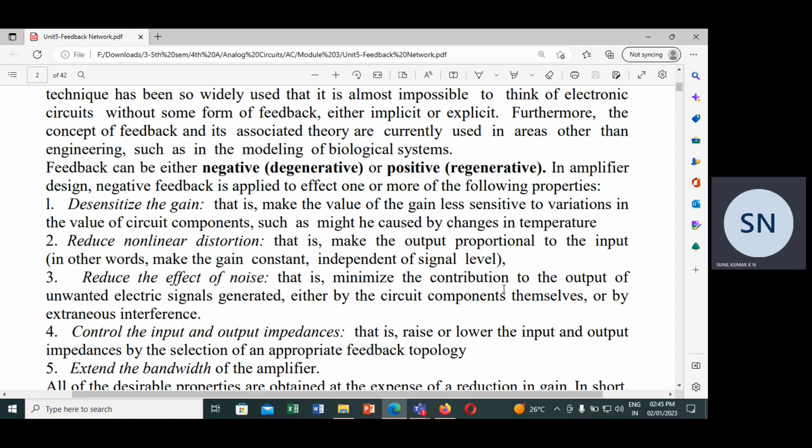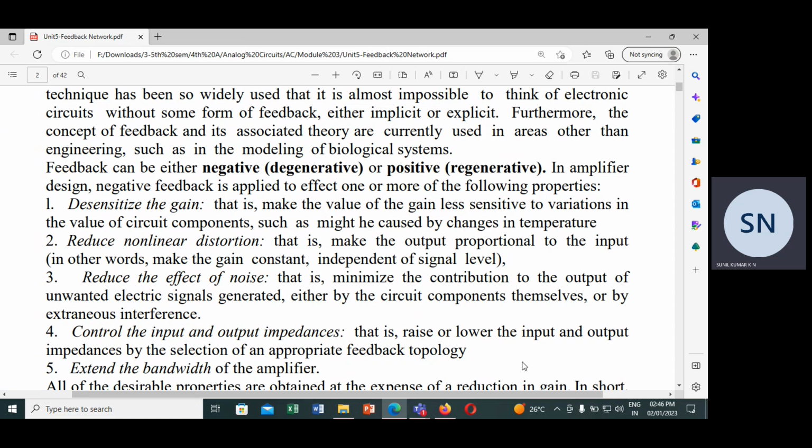So it minimizes the contribution to the output of unwanted electrical signals. Any signal which we don't want, we call noise. We have seen low pass filters and high pass filters. After the cutoff frequency in the low pass filter, all the low frequencies will pass.